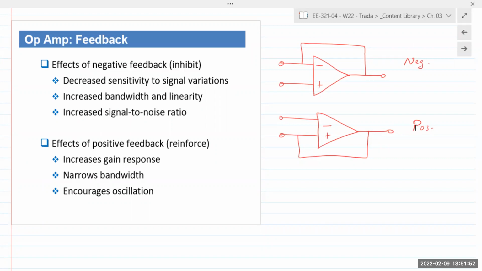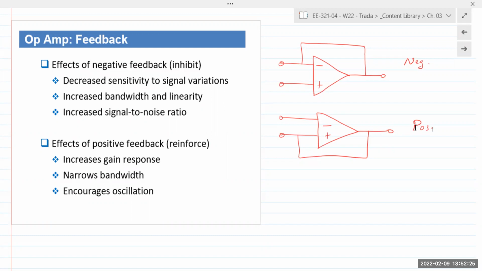Now, one word about positive or negative. The reason we say it's inverting and non-inverting is because there is a phase difference of 180 degrees between the input and output. Remember from EE201, if both the input and output have exactly the same phase, we say the phase shift is 0 degrees, non-inverted. But if the phase is shifted by 180 degrees, something like this is now like this.